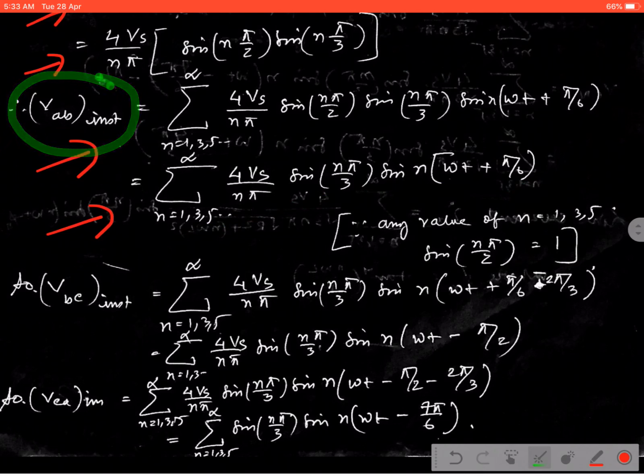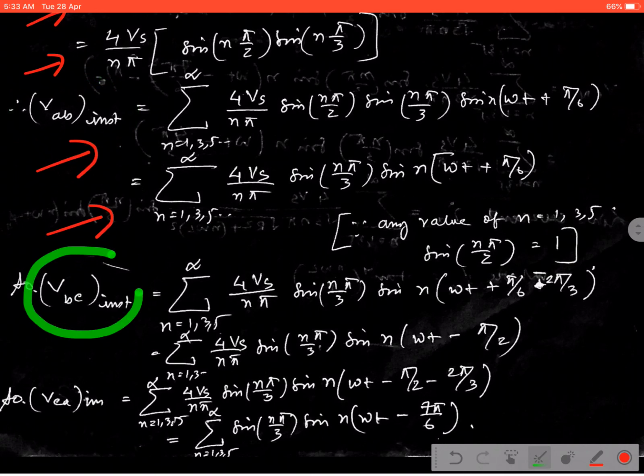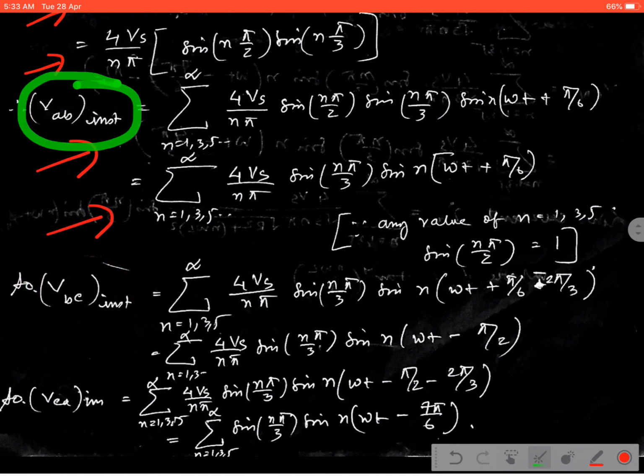Now see the waveform. In the case of VAB, VBC and VCA, they are 120 degrees apart from each other. The difference between all the signals is 120 degrees. That means we can change the expression: VBC instantaneous voltage should be 120 degrees lagging with respect to VAB.